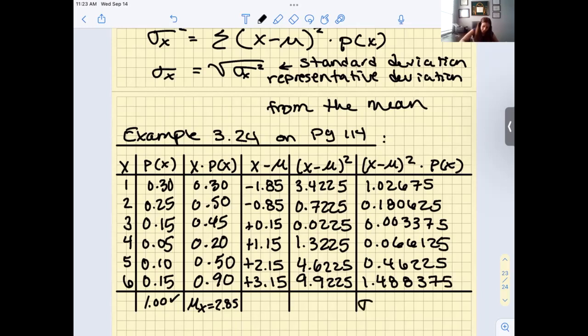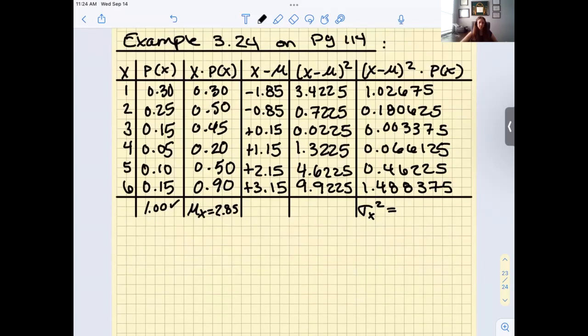Add all of those up, and that will give us our variance. Our variance ends up being 3.2275. Questions about how we got that number?